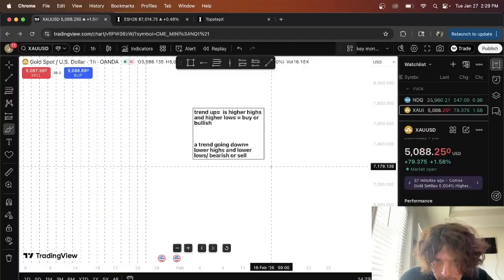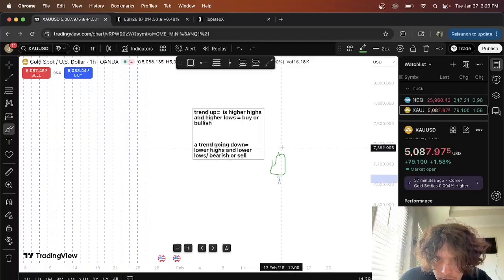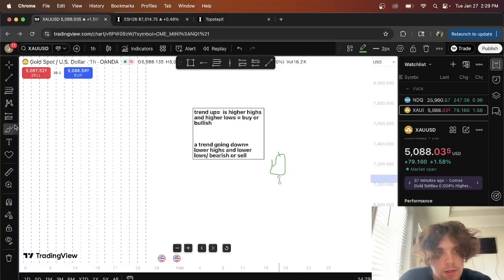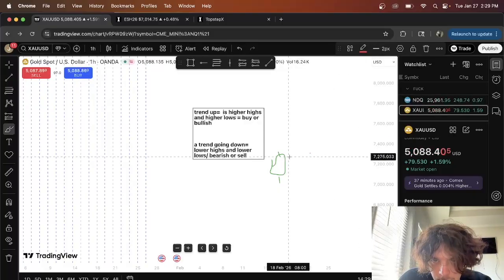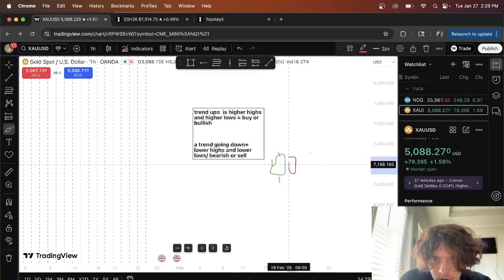Now, what does that look like? I've seen people draw it in just squiggly lines, but I'm not gonna do that. So, green candle, right? Okay, well, first of all, actually, I'll explain that in a second. Red candle.